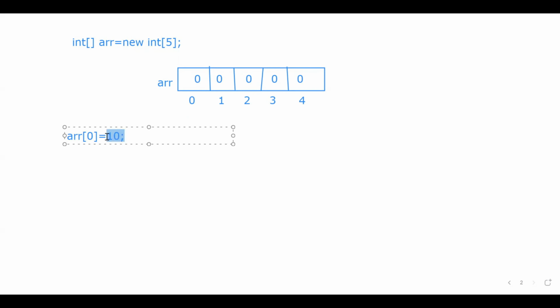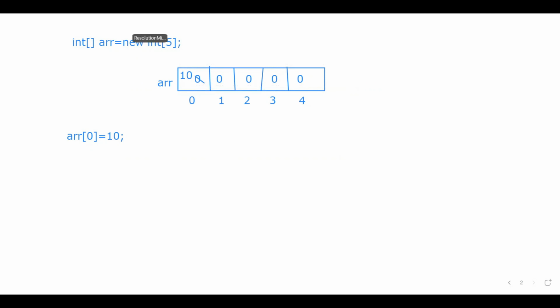This will assign the value 10 to the array named ARR at the 0th index. Means ARR of 0, the value 0 inside it will be overwritten by the value 10. The 10 will be stored.